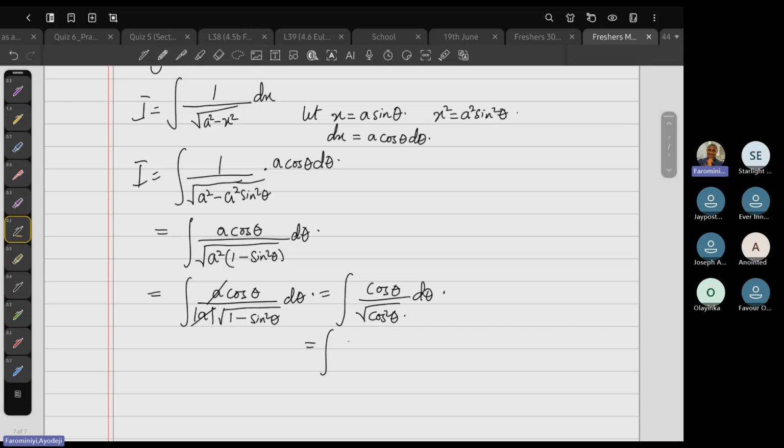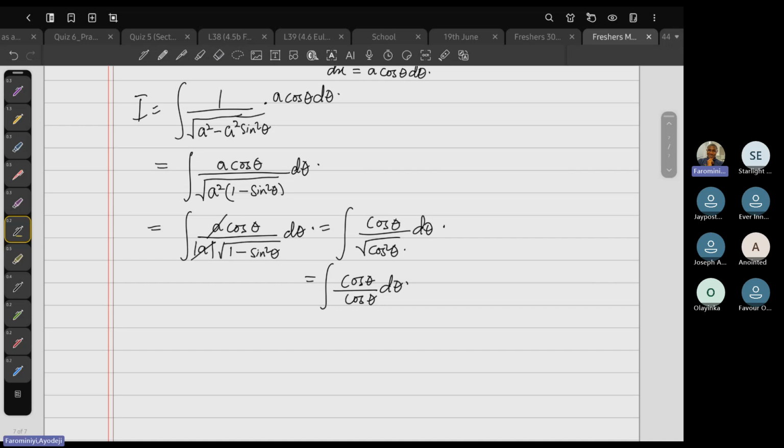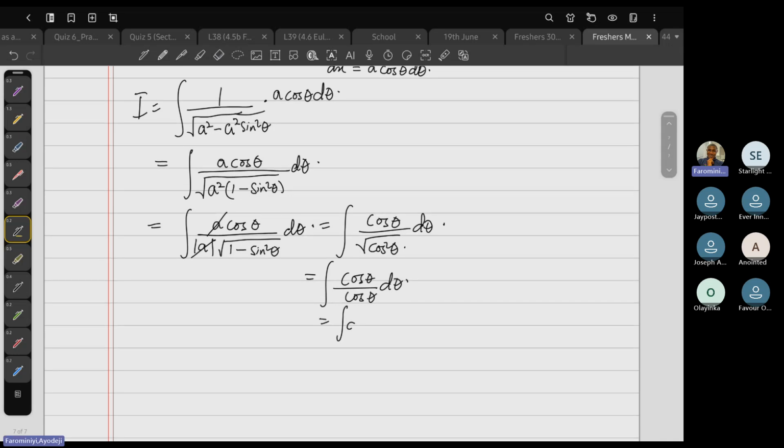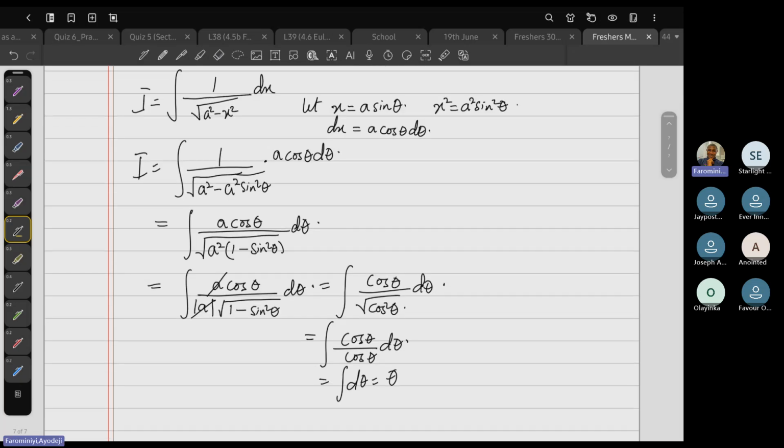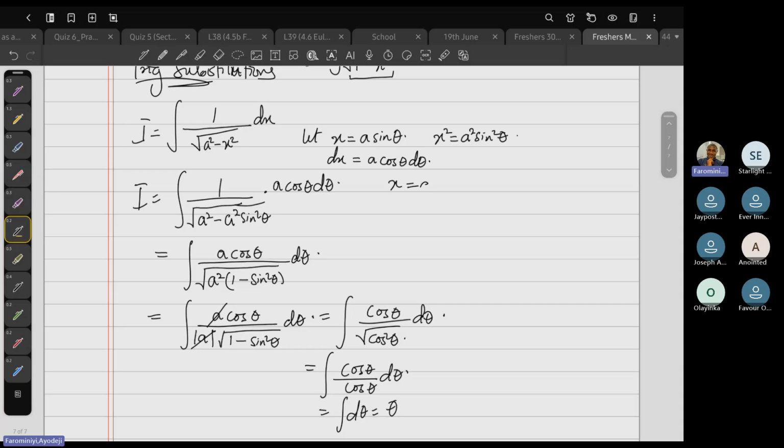So this is also going to be equal to cos theta over cos theta d theta. And that will be equal to integral of d theta, which is equal to theta. But what is theta? You remember that x is equals to a sine theta. So sine theta is equal to x over a. So theta is equals to sine inverse of x over a.